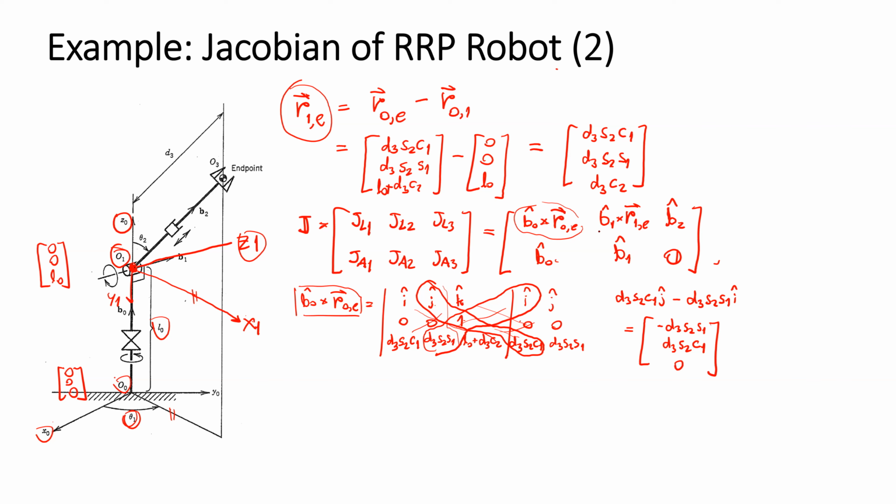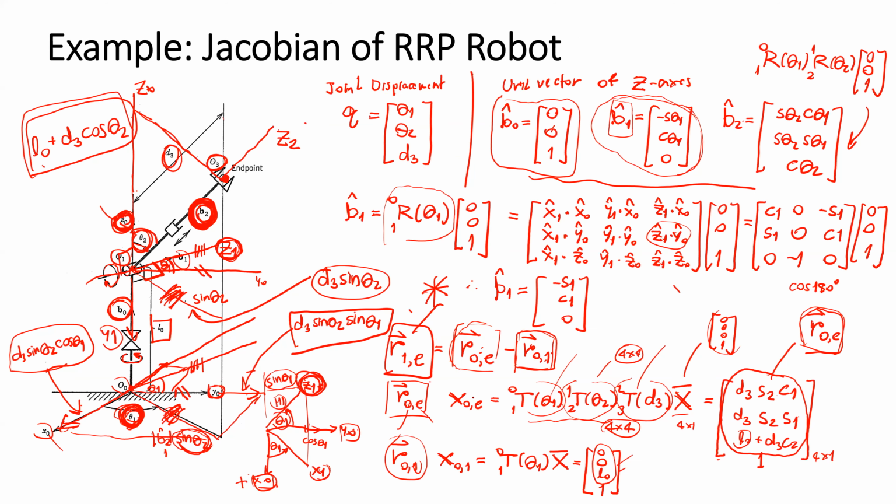How about this one? The unit vector B1 crossed by the relative position vector from origin of frame 1 to the end effector. IJK, B1 is minus sine theta 1, cos theta 1, 0.